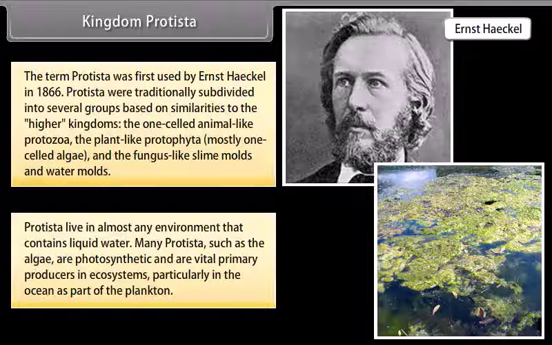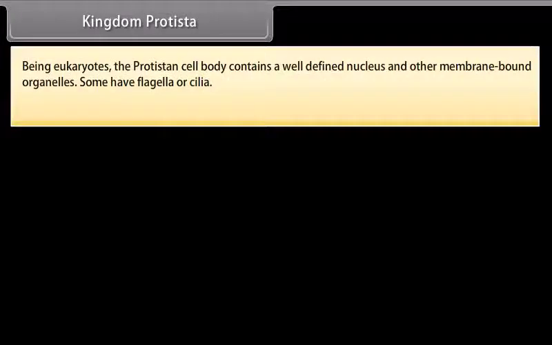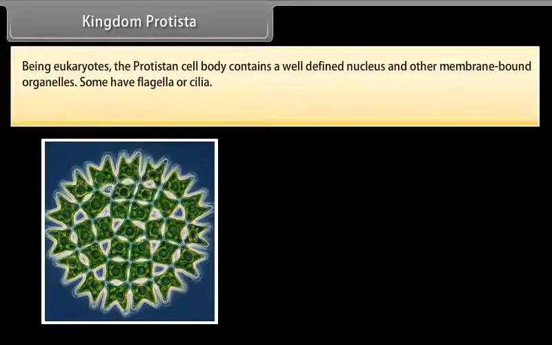Many Protista, such as the algae, are photosynthetic and are vital primary producers in ecosystems, particularly in the ocean as part of the plankton. Being eukaryotes, the Protistan cell body contains a well-defined nucleus and other membrane-bound organelles. Some have flagella or cilia.